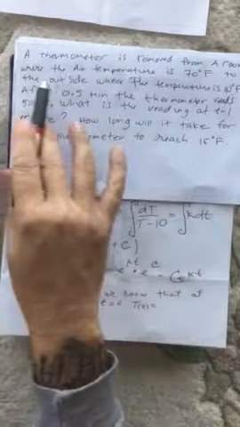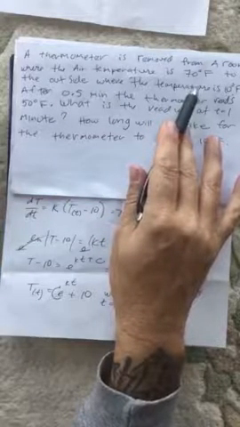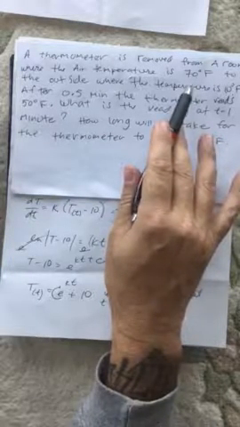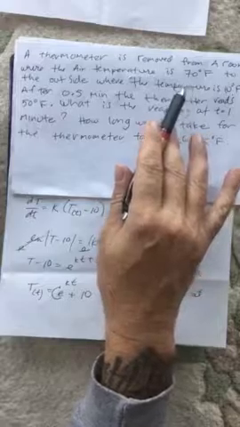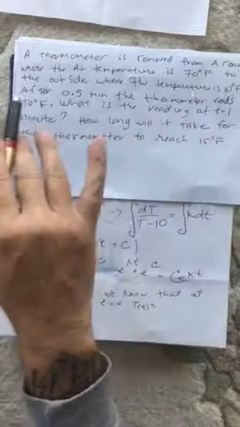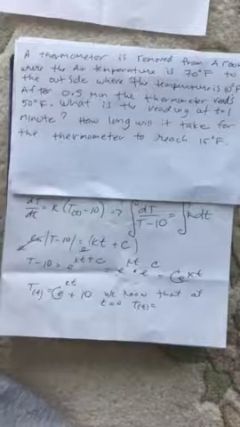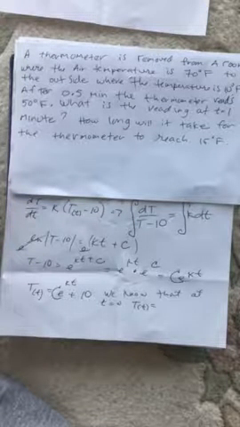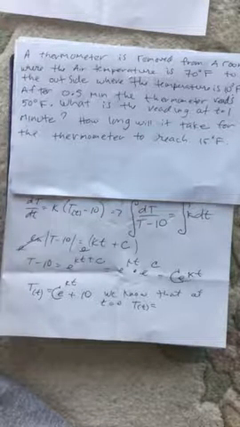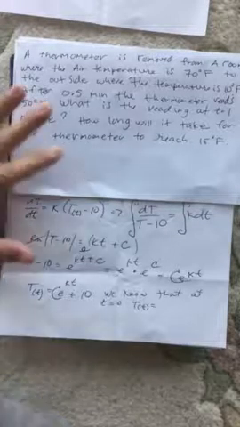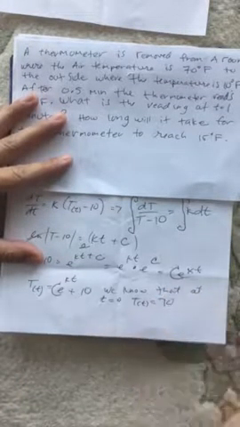Well, this object was in a 70-degree room. So that's the heat of this object, 70 degrees. Then it was moved to the outdoors, which was 10 degrees. But at the beginning of this experiment, at little t equals 0, you have 70 degrees Fahrenheit.